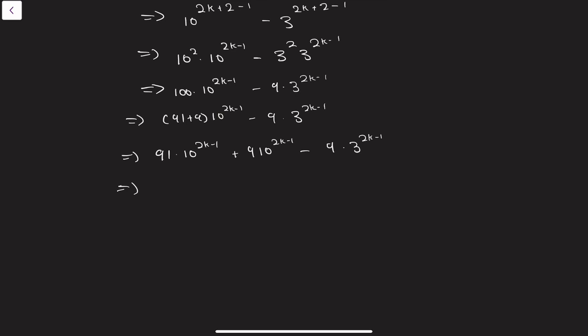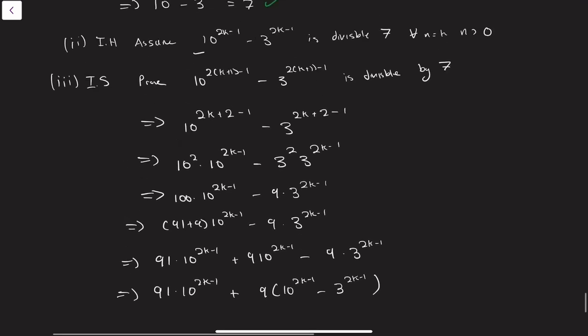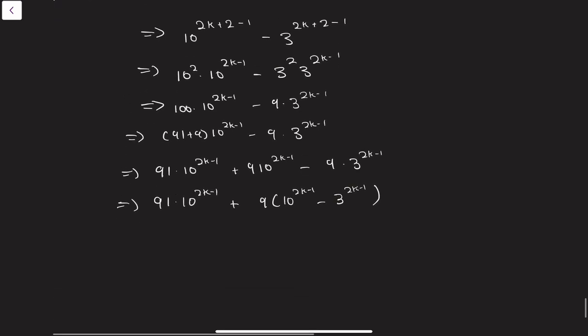Well, we can factor out that 9. So we'll be left with 91 times 10^(2k-1) plus 9 times the bracket of 10^(2k-1) minus 3^(2k-1). Perfect. But recall, from the induction hypothesis, we assume that this is divisible by 7.